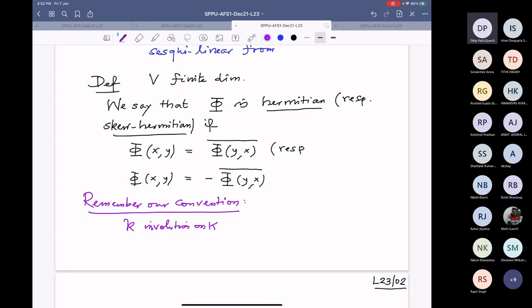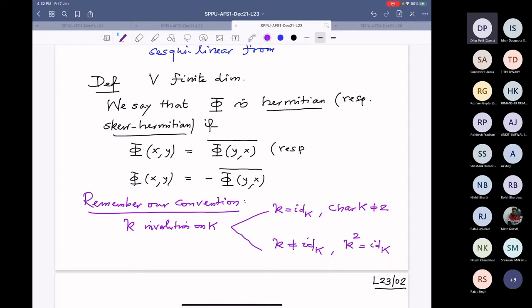We have two cases we are interested in. When kappa is identity, I am going to assume further that the characteristic of K is not 2. And when kappa is non-identity, I am not going to assume anything, no other assumption. And of course, kappa square is identity.